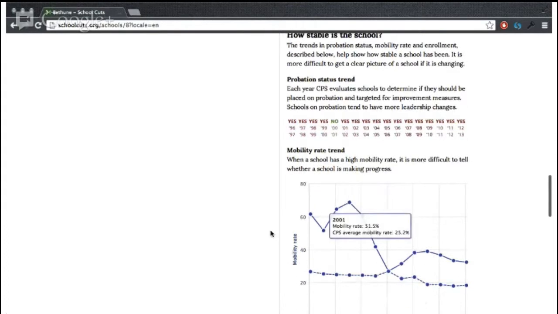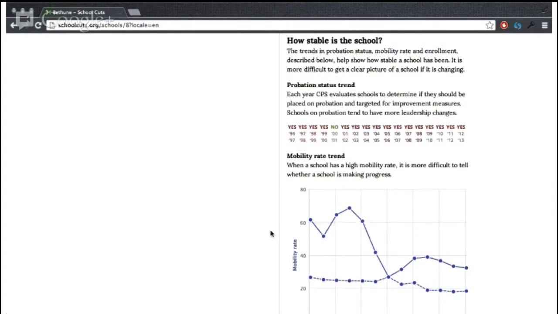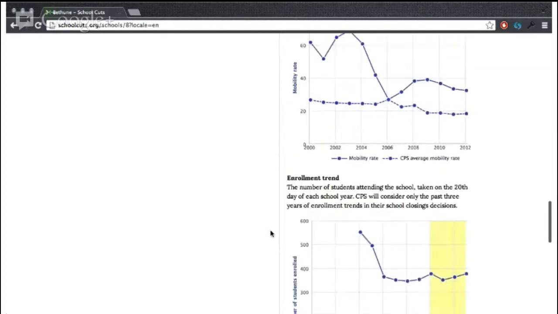How many things has this school been through? There was a lot of frustration around, well, they've already swapped out the leadership. And so this is information about the probation status for the school, and also the mobility rate trend that shows how stable the population is. And then finally at the bottom, the enrollment trend, understanding over the last 10, 12 years, what enrollment has been like for this school.